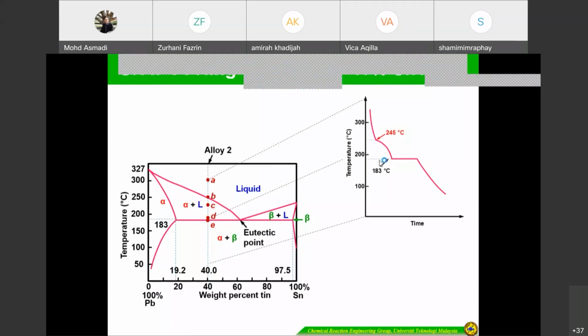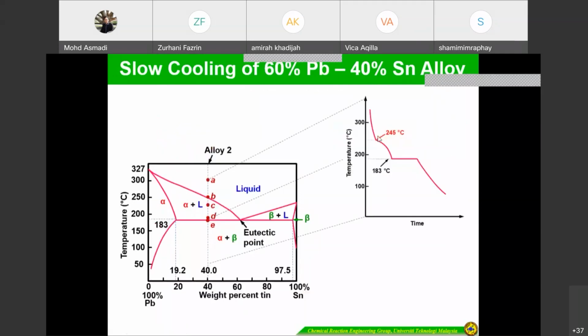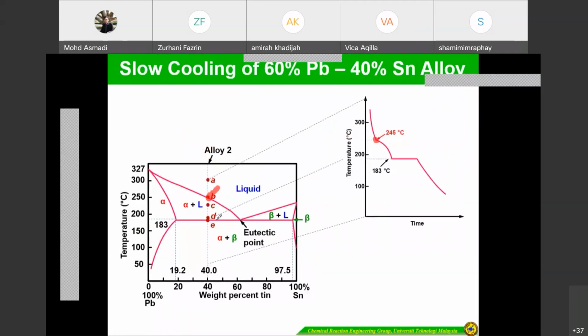From this, we can say this is the first solid formed, 245 here, point B. This is the first solid, meaning it is primary. Here we have points A, this one is B, and around here is C, D and E, because this one is the eutectic point.